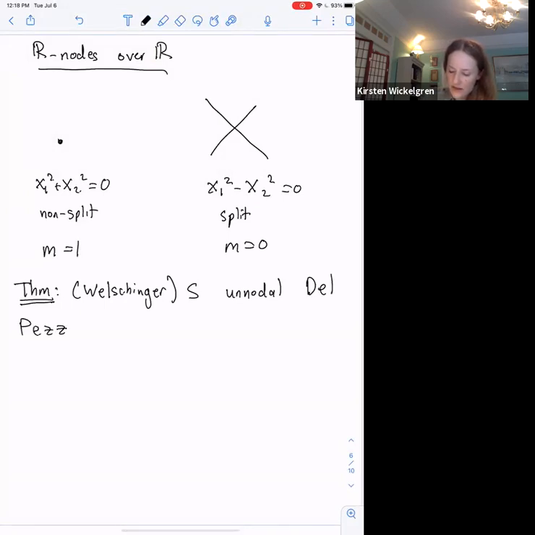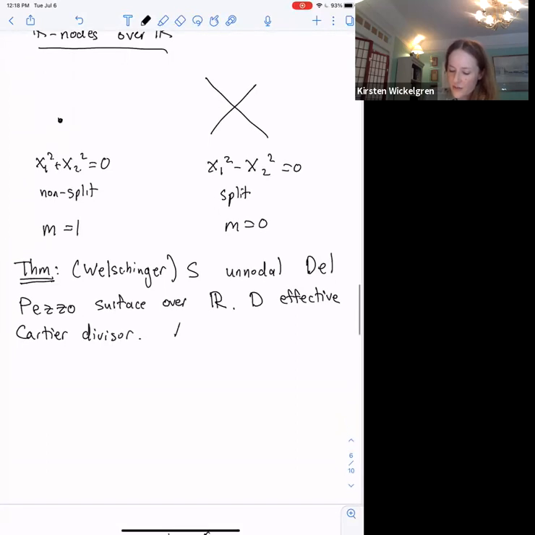Let S be an unnodal Del Pezzo surface over R. Let D be an effective Cartier divisor. And it will matter where the real points are.